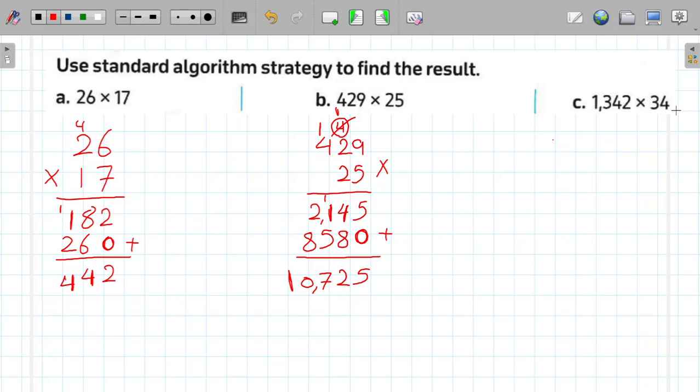Let's try again. I have 1,342 by 34. So I will write the big number first, 1,342, and I have 34. So I will multiply the big number here by 4. So 4 times 2 equals 8. 4 times 4 equals 16.